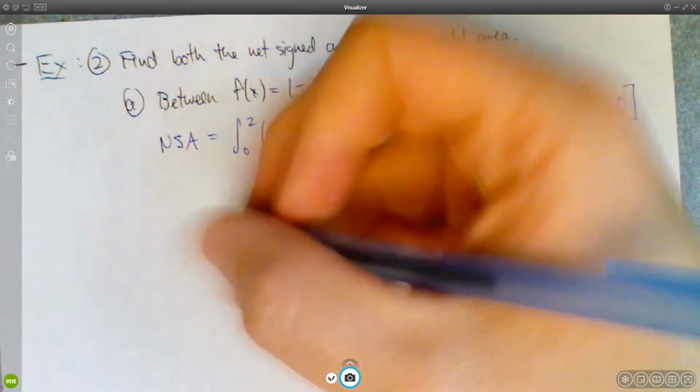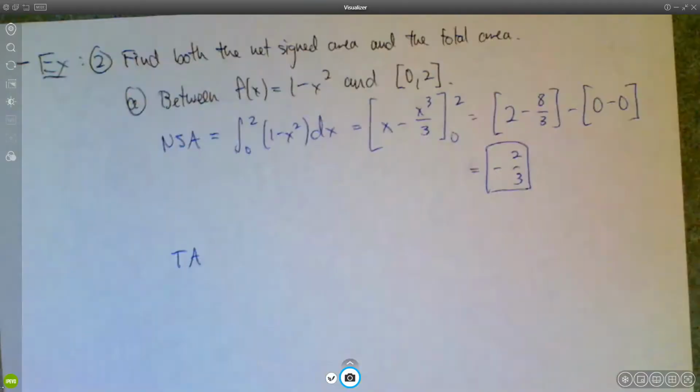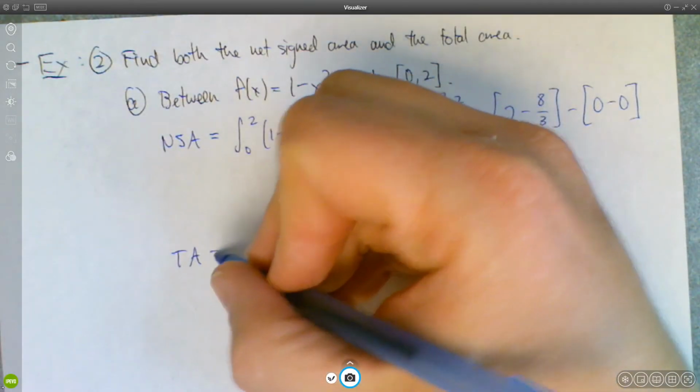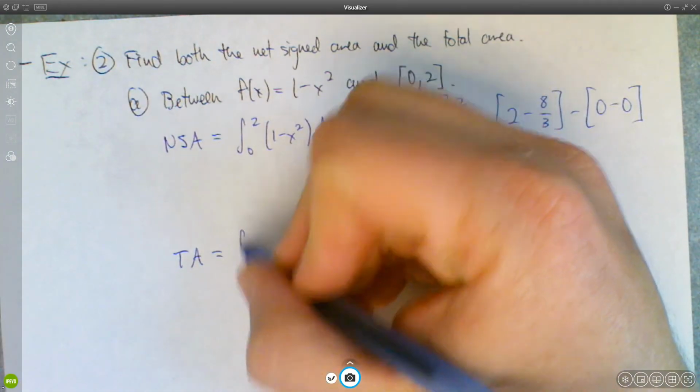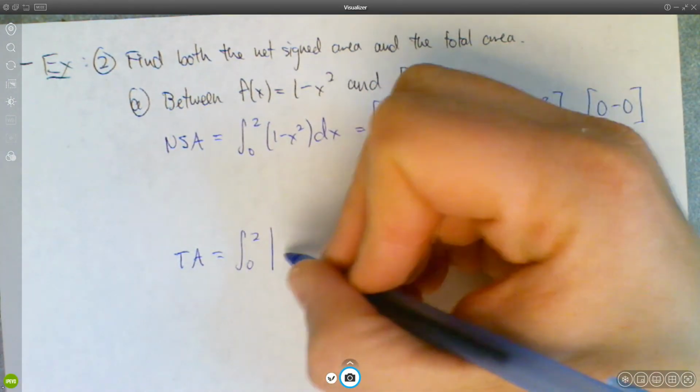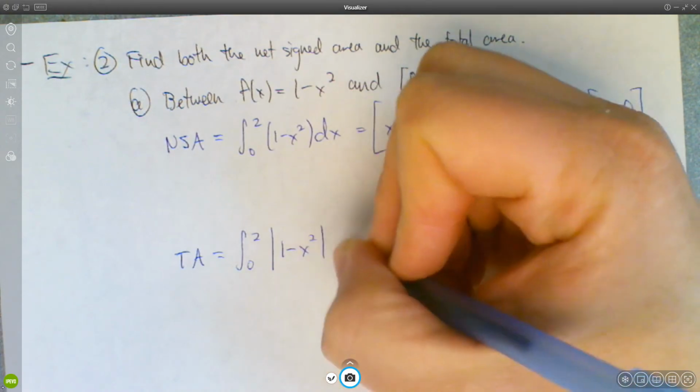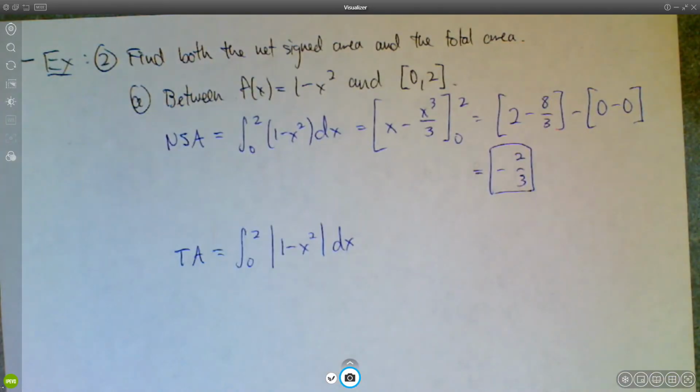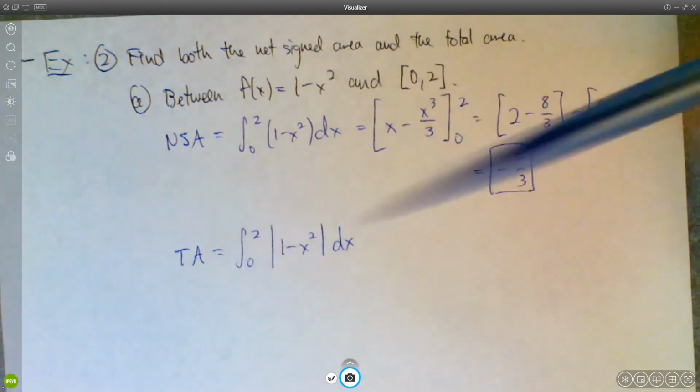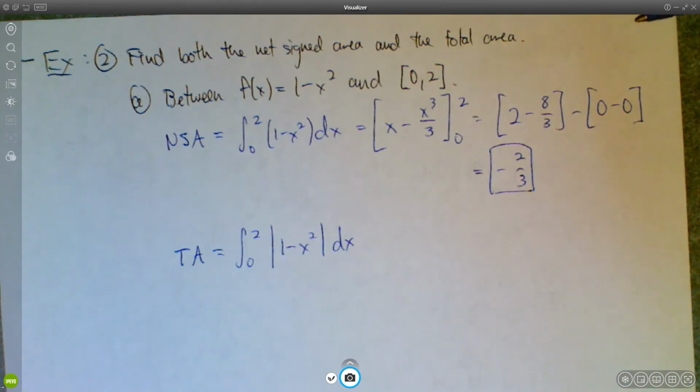Now, on the other hand, if you're looking at the total area, which I'll abbreviate TA, well, that's going to be the integral from 0 to 2 of the absolute value of 1 minus x squared. Now, a picture is worth 1,000 words here. Let's see if we can figure out what exactly is going on.